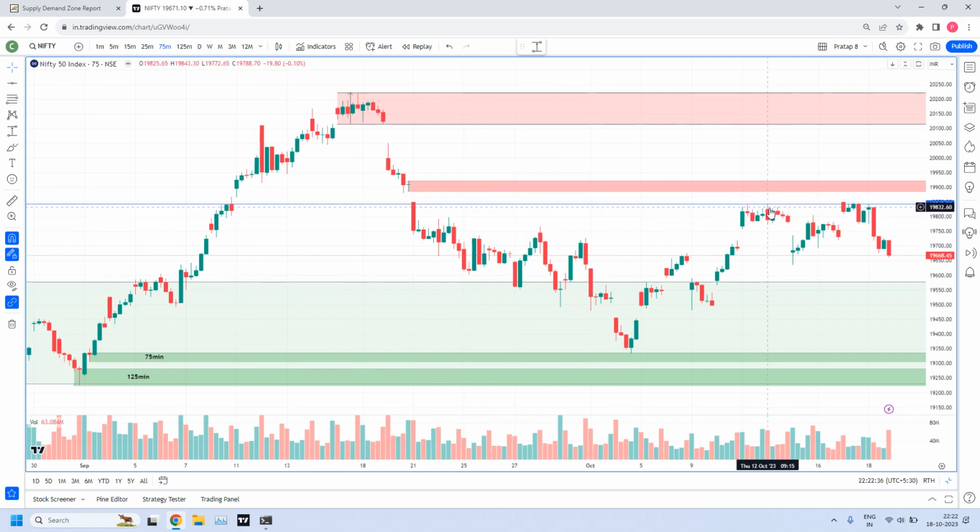So if you want to take an entry at this horizontal line, see how much risk you need to manage. This should be your stop loss. So can you manage this much risk on the 75 minutes time frame? If you are in a position to handle the risk, yes, you can take an entry, but practically it is not right.